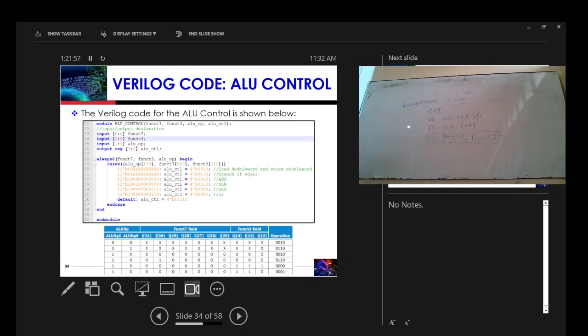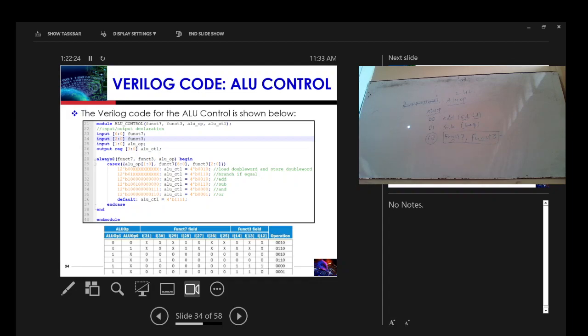What are we doing? We are using ALUOp, funct7, and funct3 as our inputs, and then we are generating these codes, 0010, 0011, based on these inputs. funct7 is 7 bits, funct3 is 3 bits, ALUOp is 2 bits.